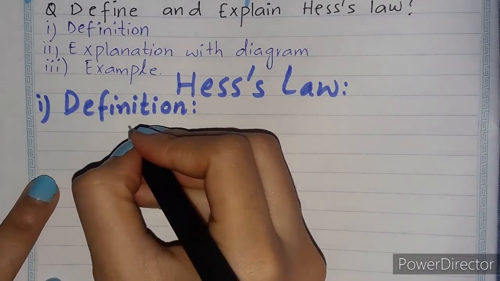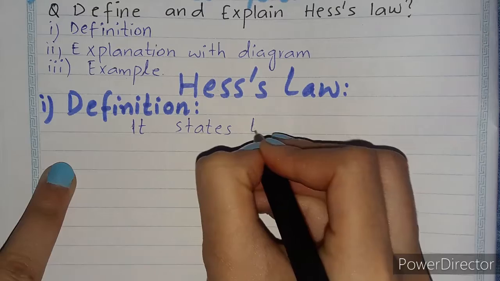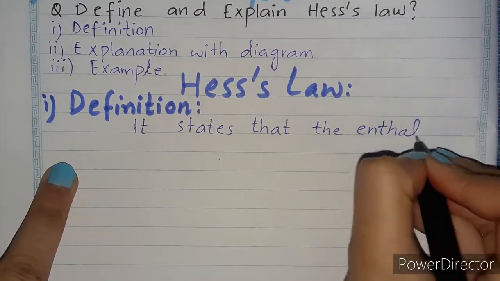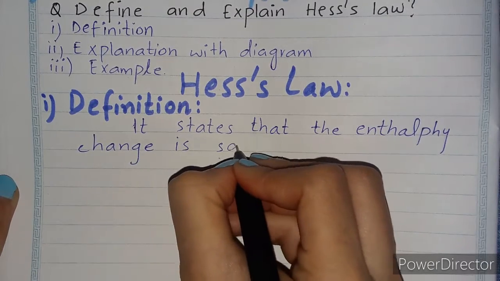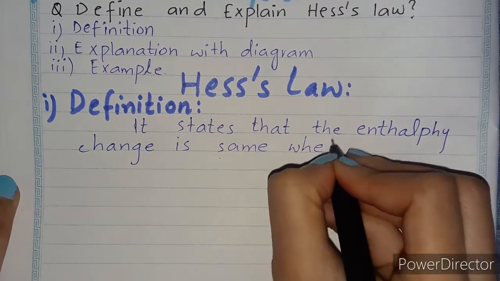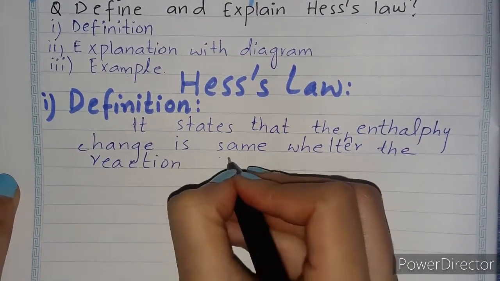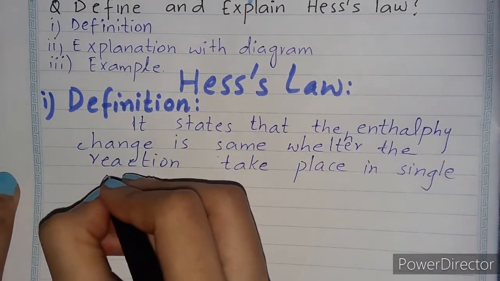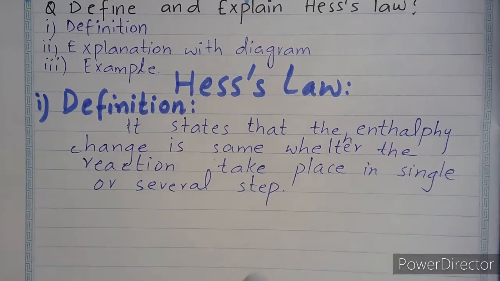The definition is, it states that the enthalpy change is the same whether the reaction takes place in a single step or in several steps. This is the definition of Hess Law.